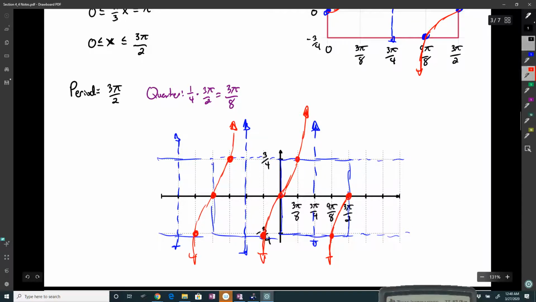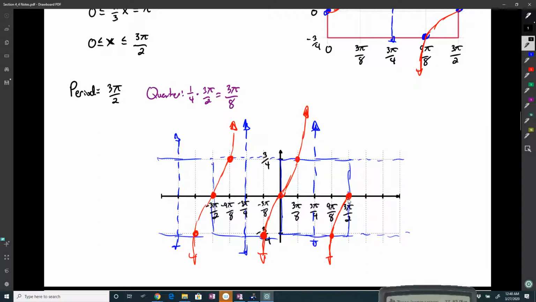There you go. And so, again, this is negative 3 pi over 8, negative 3 pi over 4, negative 9 pi over 8, negative 3 pi over 2. So technically we're done. The actual part of the graph that they wanted was just from negative 3 pi over 2 to 3 pi over 2.